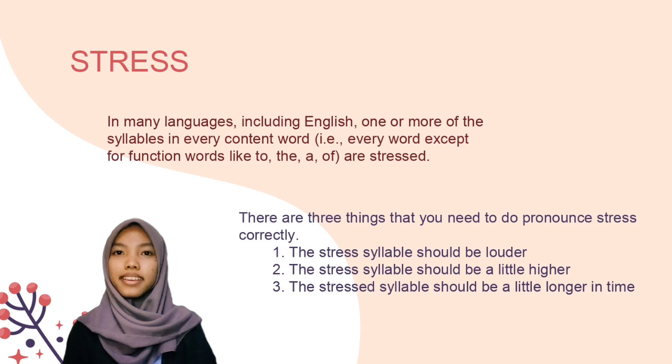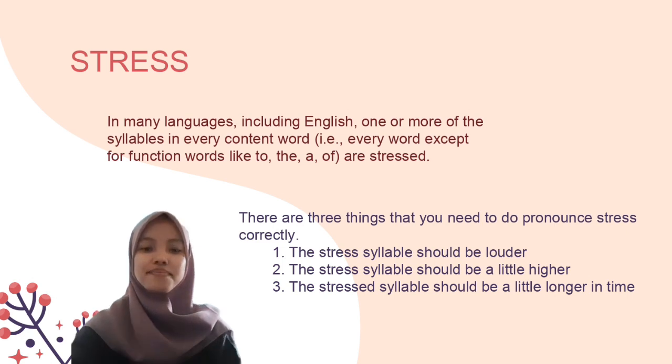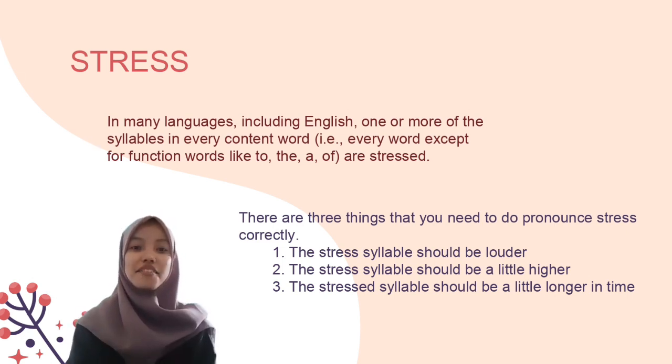There are three things that you need to do to pronounce stress correctly. First, the stressed syllable should be louder. Second, the stressed syllable should be a little higher. And last, the stressed syllable should be longer in time. If you're pronouncing words with the correct stress, your English will sound clearer and more natural.